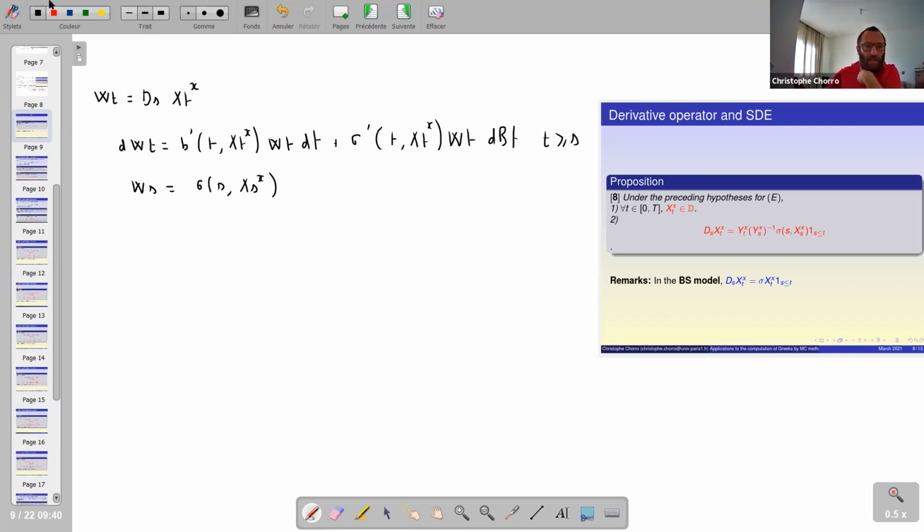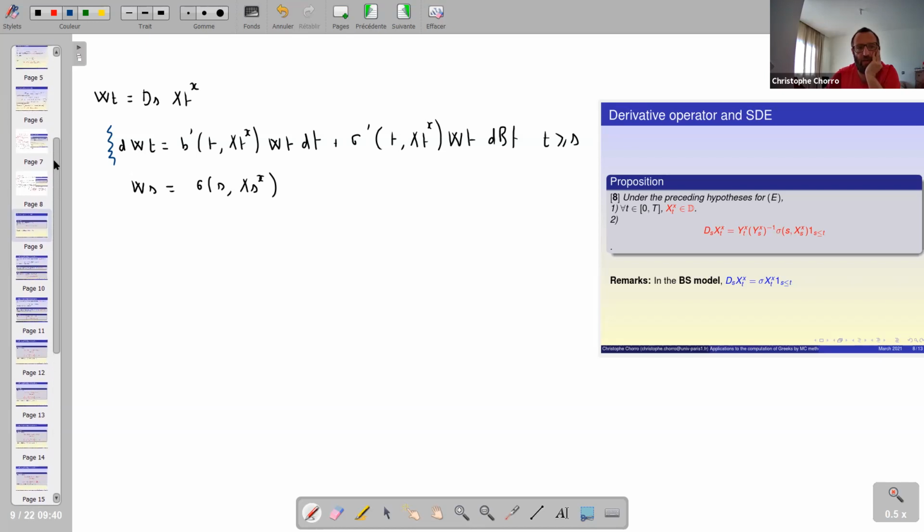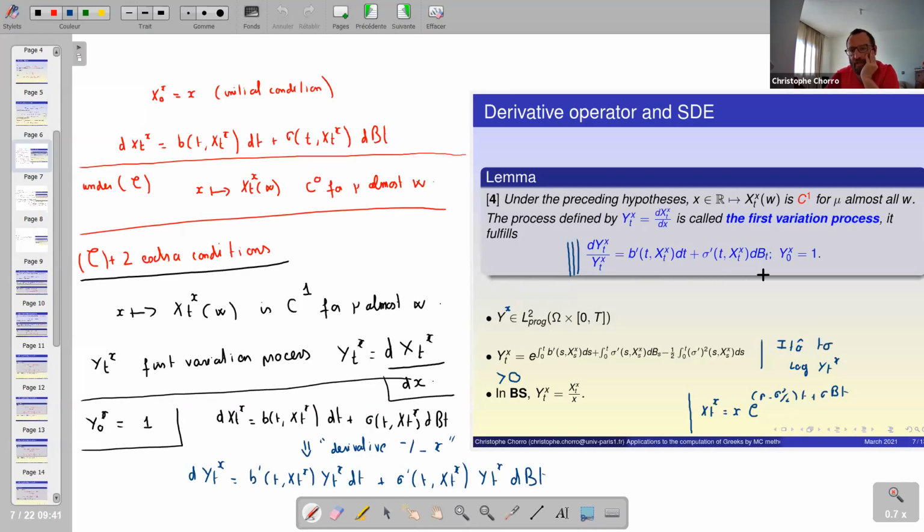Okay, so I see that W for t greater than s fulfills this stochastic differential equation. But in fact, I already know this stochastic differential equation. If I come back to the definition of the first variation process we have seen together, I see that the stochastic differential equation fulfilled by W is exactly the one fulfilled by the first variation process, exactly the same.